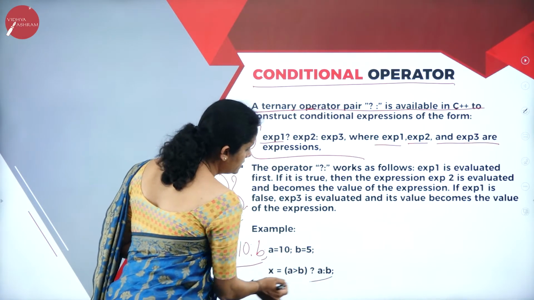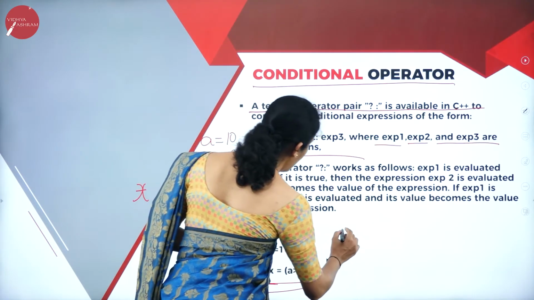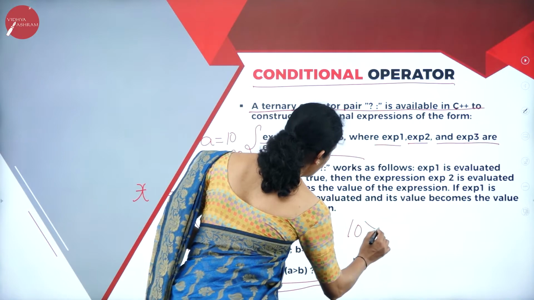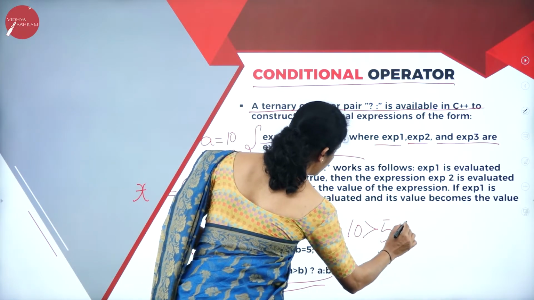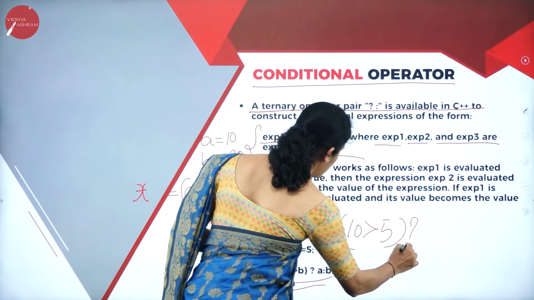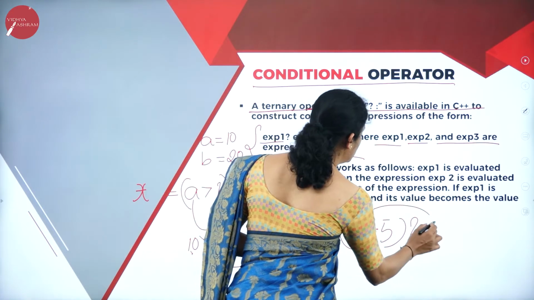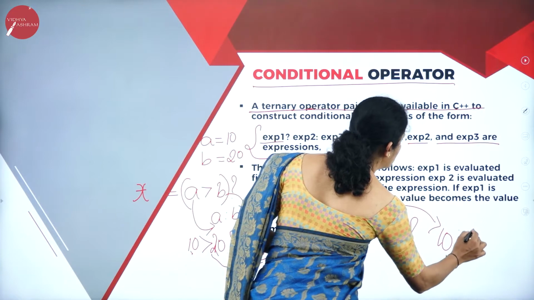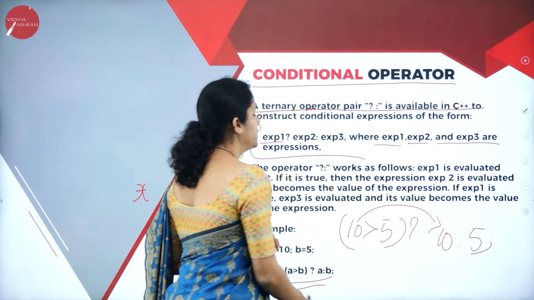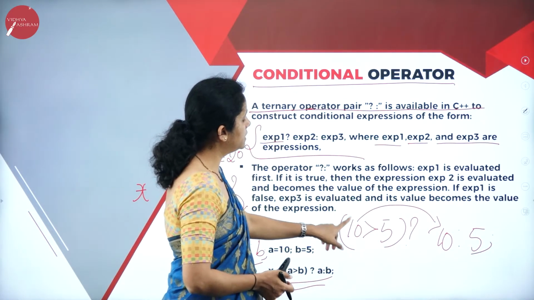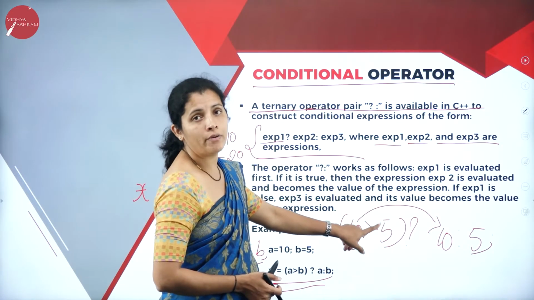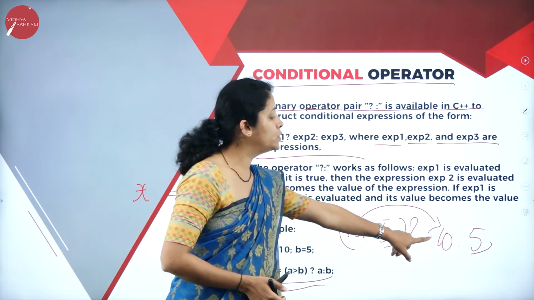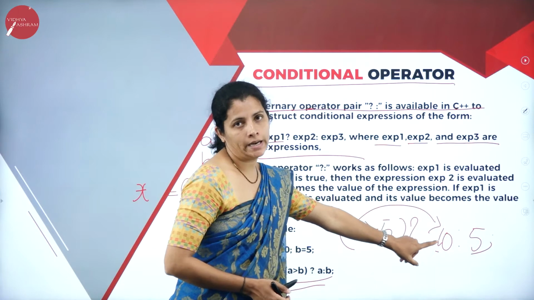And if I consider this example, here A is 10. Is 10 greater than 5? Then write the question mark and it's going to return the value 10. Else it's going to return the value 5. According to this example, 10 is greater than 5 and it is true, so it's going to return the value 10.